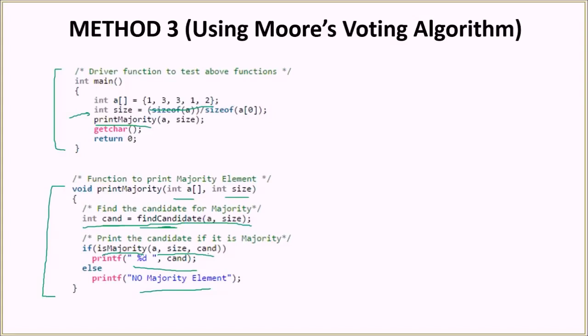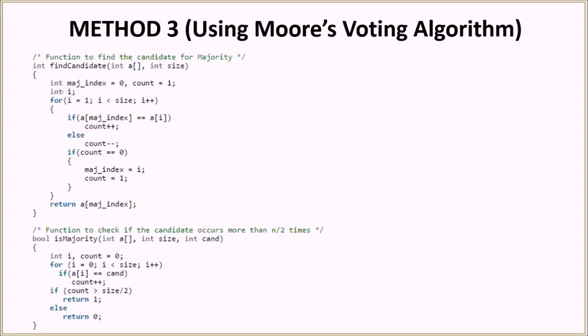Okay, so let's come here. We first of all will see the find candidate function. We initialize majority index with 0 and the count with 1. i is initialized as 1 here. Then we run a loop till the size of the array, basically size minus 1.